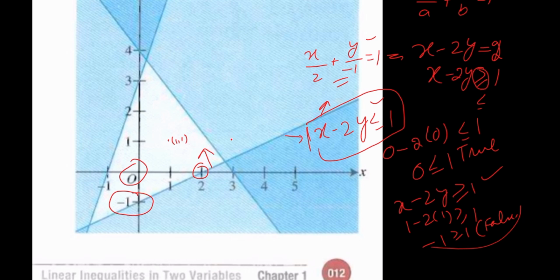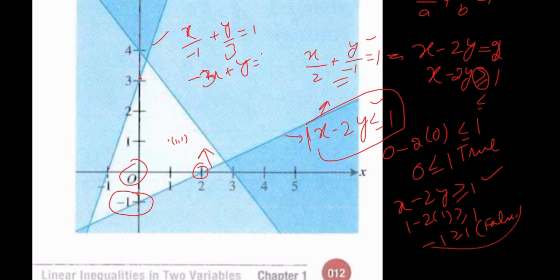The second one is this. Now we discuss this inequality. This line passes through two points, 3 and -1. So again, using two intercept form, we have x intercept is -1, x over -1 plus y over 3 is equal to 1. By multiplying both sides by LCM, we have minus 3x plus y is equal to 3.